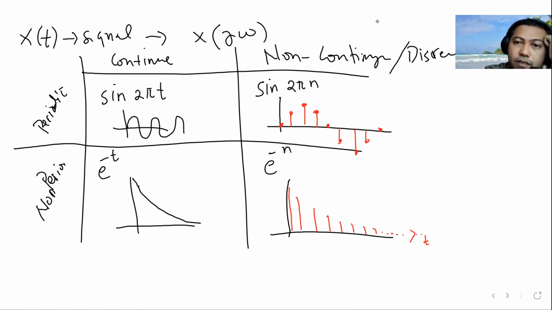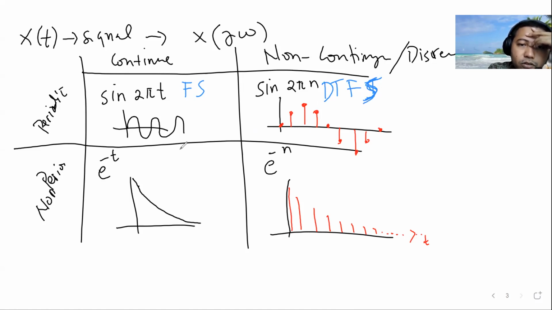This type of signal has a different method. For periodic and continuous, we can use the Fourier series. Periodic non-continuous: oh sorry, this is discrete time Fourier series, because for periodic we consistently use a series.